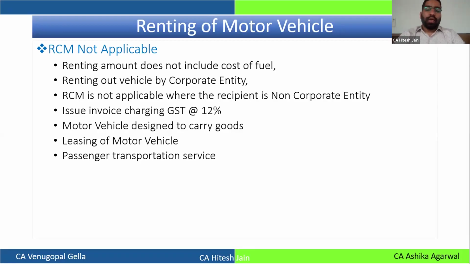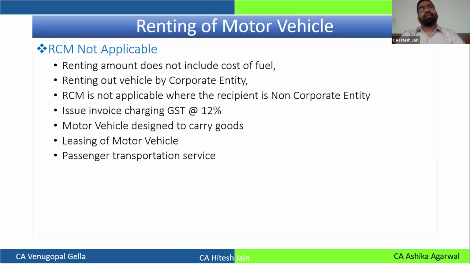Thirdly, RCM is not applicable if the service recipient is a non-corporate entity. Suppose a partnership firm is availing rent-a-cab facility services, then RCM will not be applicable. Again, if the supplier is charging GST at the rate of 12%, then RCM is not applicable.